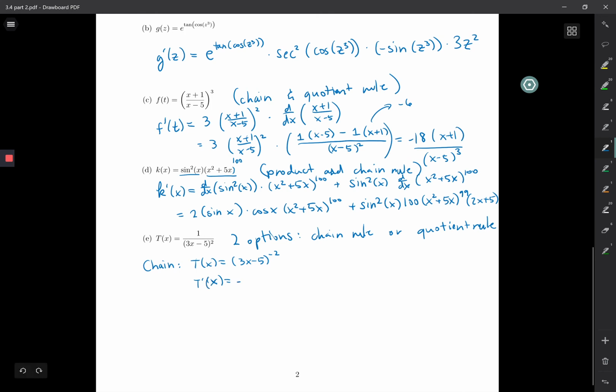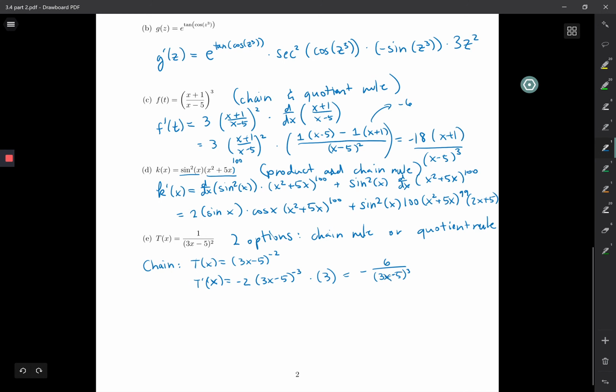So using the power rule, we have negative 2 times (3x minus 5) to the negative 3. That's the derivative of the outside function times the derivative of the inside, which is just 3. Right? So we could rewrite this as negative 6 over (3x minus 5) cubed.